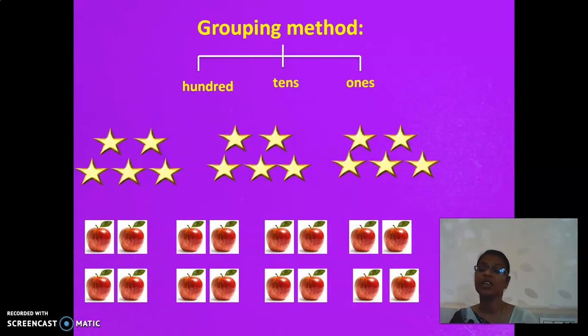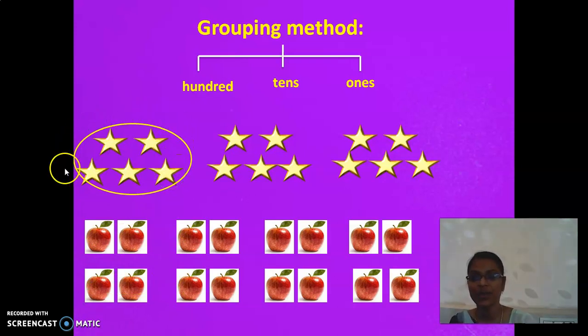And now see here the images. The first image, the stars. How many stars are there? I have 1, 2, 3, 4, 5. So in a group, I have 5 stars. This is a group, isn't it?